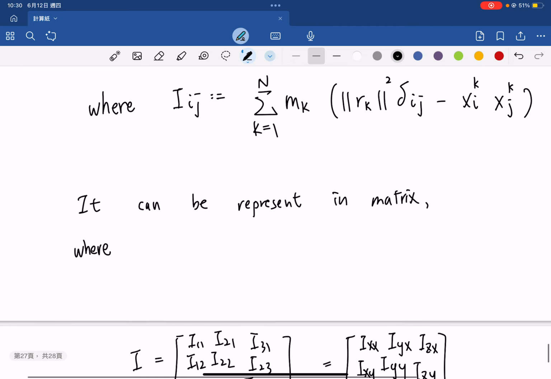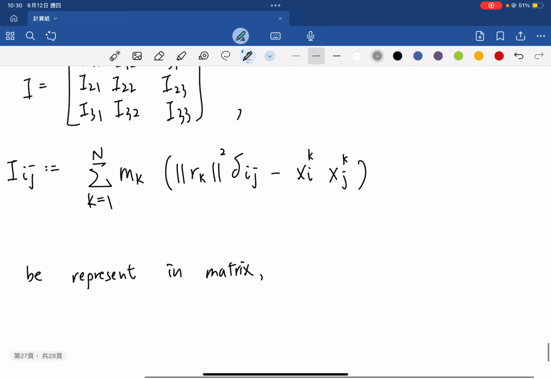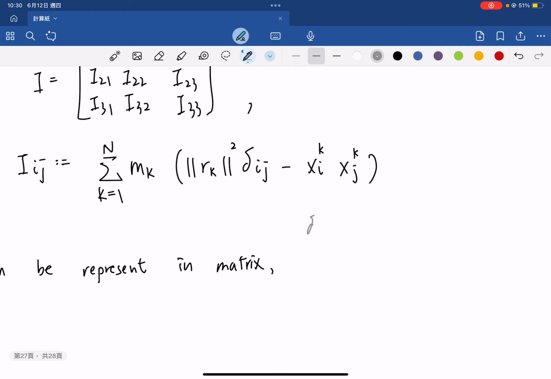And the definition of the Kronecker delta is 1 when i equals j and 0 when i is not equal to j.